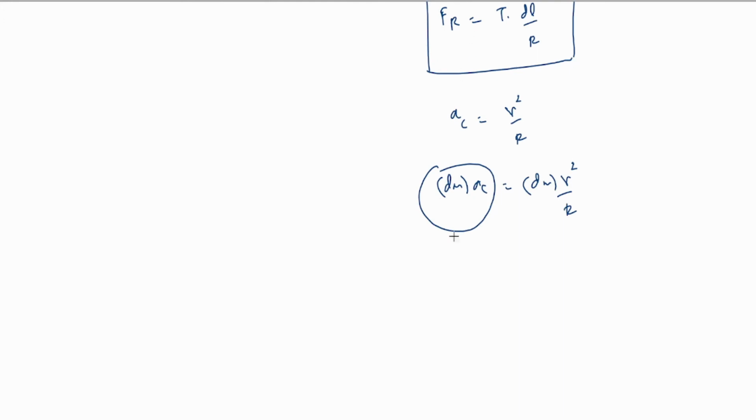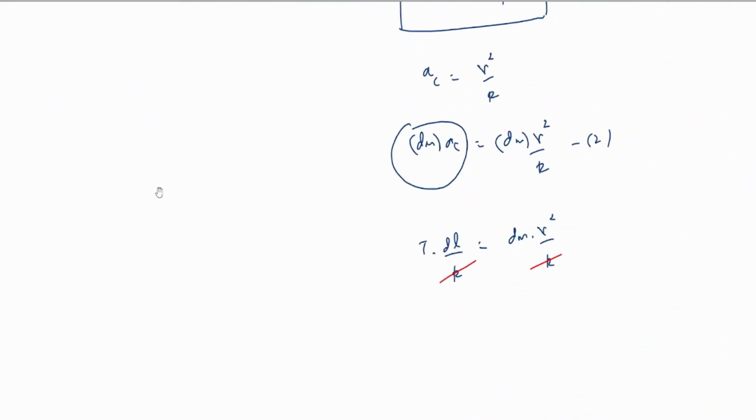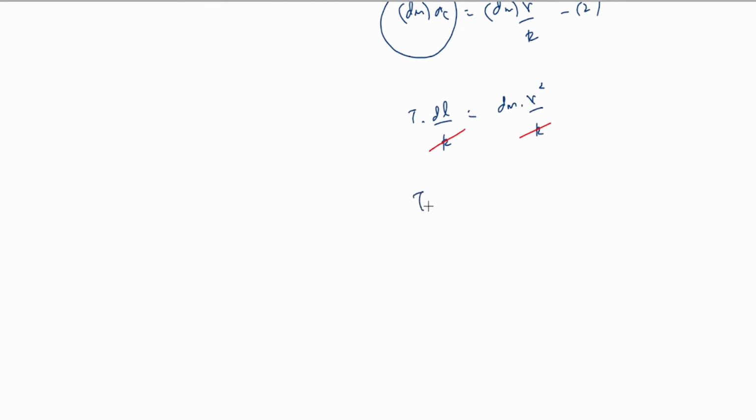If you compare these two equations, let's call this 1 and this 2. From 1 and 2 you can say T into dl by r is dm into v square by r. From here r gets cancelled, and we know that dm is equal to mu into dl. Therefore T into dl is equal to mu into dl into v square.